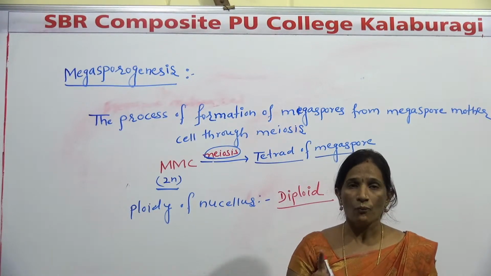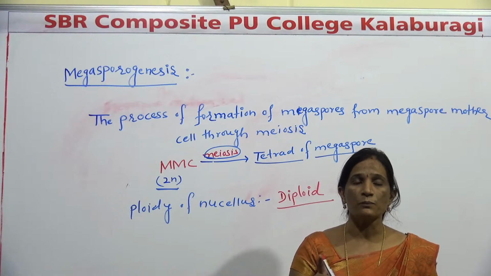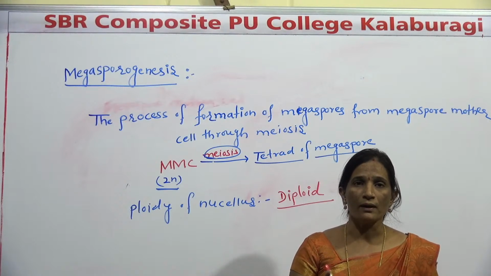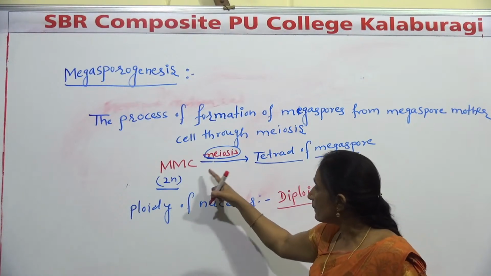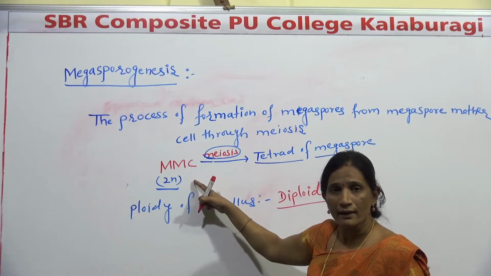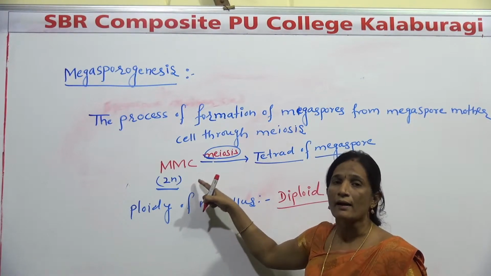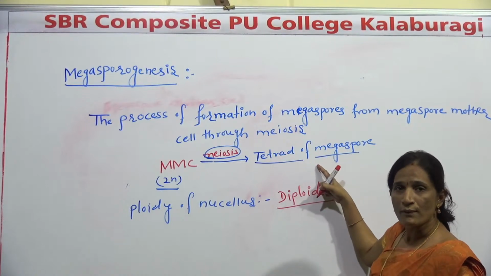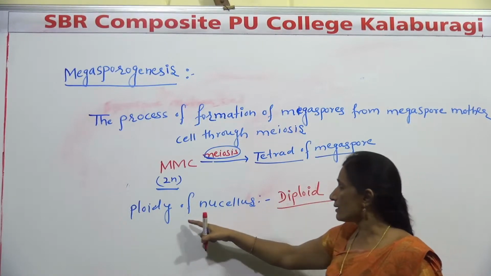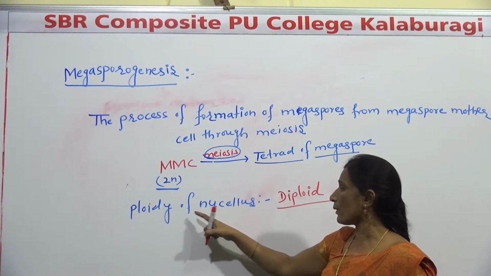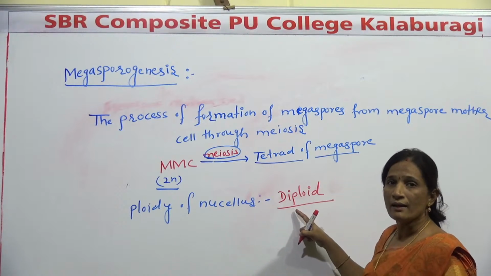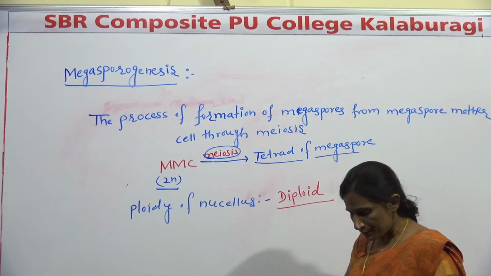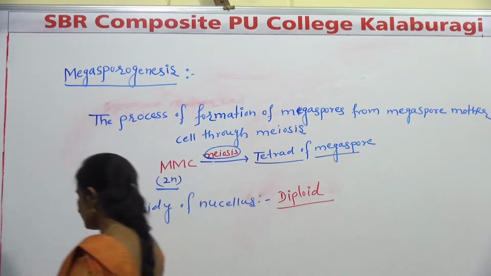Remember it here. The ploidy of the megaspore mother cell is diploid. It is not haploid, it is diploid. So this diploid cell undergoes meiotic division to form a tetrad of megaspores. The ploidy of the nucellus is diploid. Is it clear?